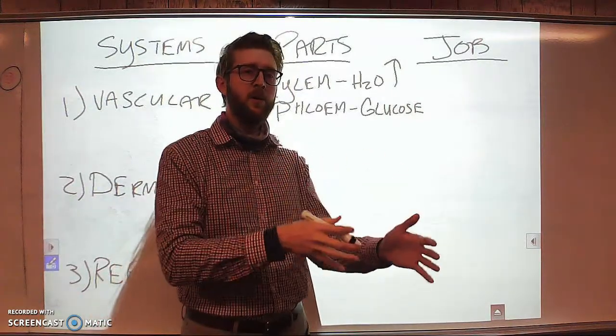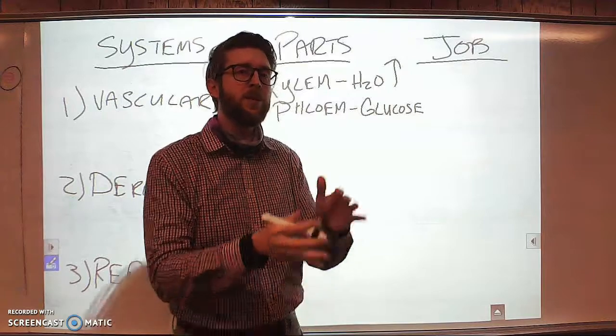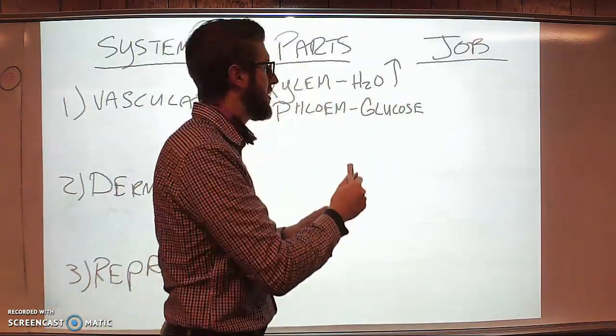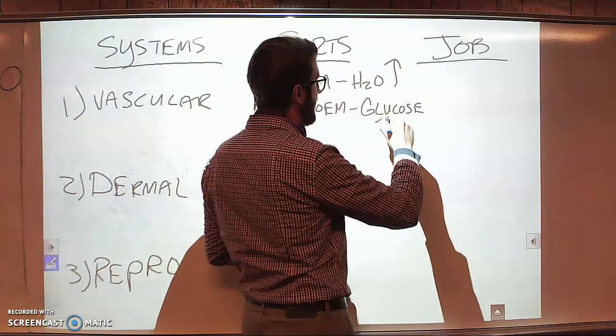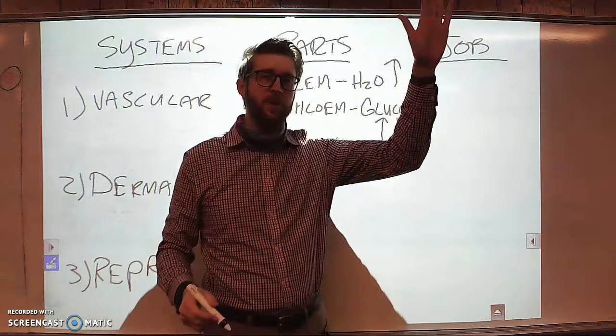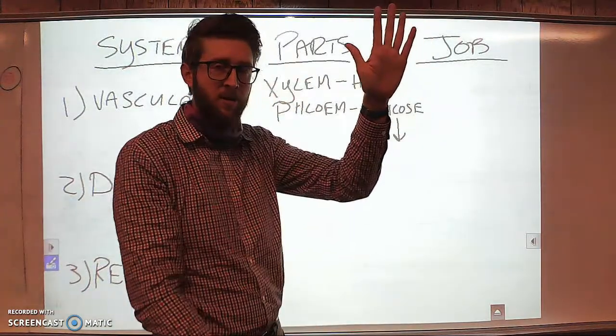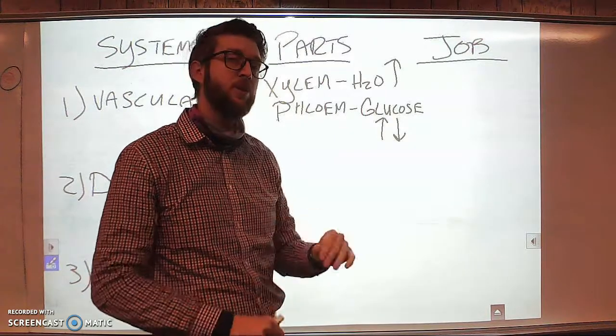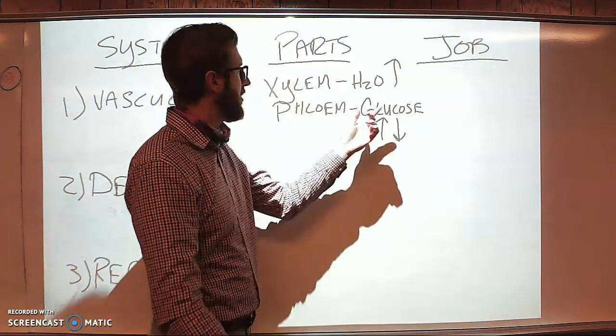Glucose is made during photosynthesis, but that takes place in the leaves, and after it takes place in the leaves, that glucose has to be moved from the leaves up to higher parts of the plant, and also all the way down into the roots to the lower parts of the plant, because every single part of the plant needs glucose.